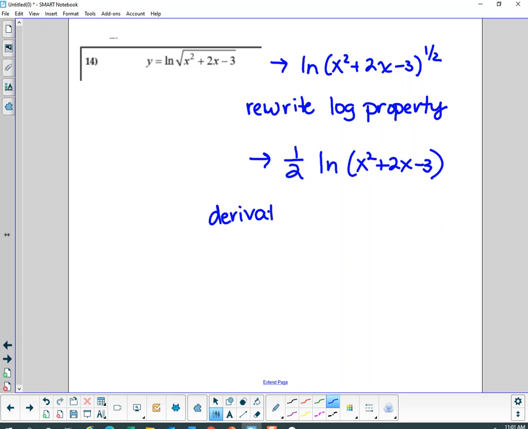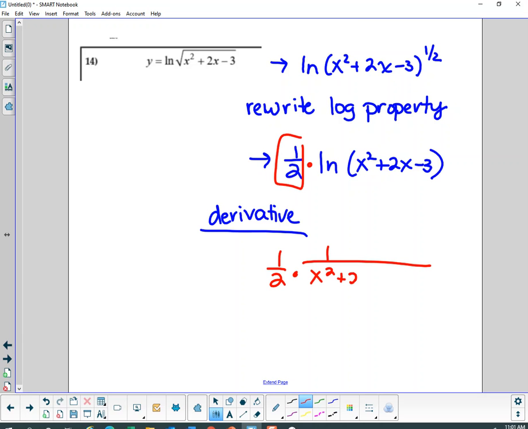and then I take the derivative, the 1/2 isn't going to change. That's a constant times something I'm taking the derivative of. 1 over x squared plus 2x minus 3 times the derivative of that, which would be 2x plus 2.